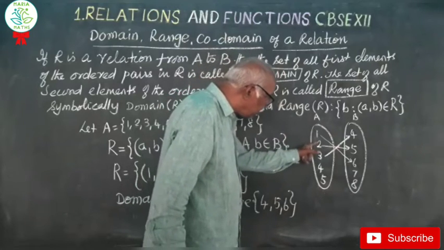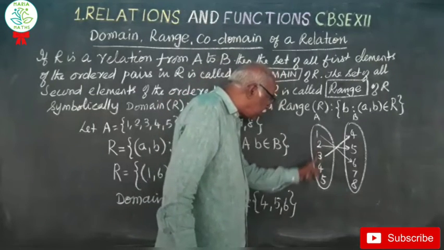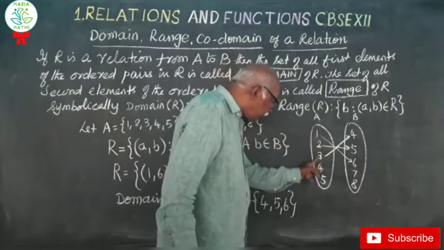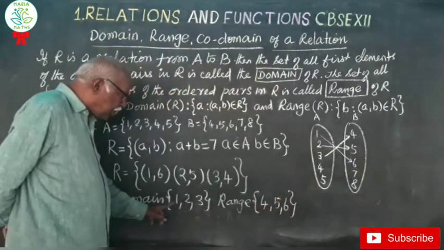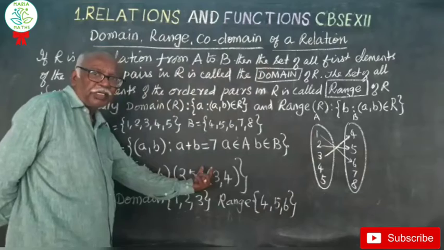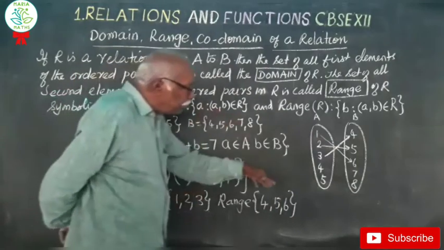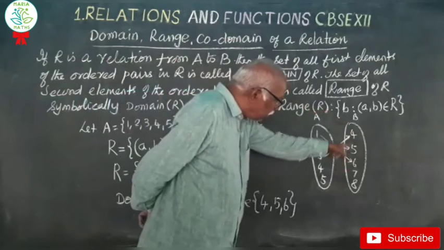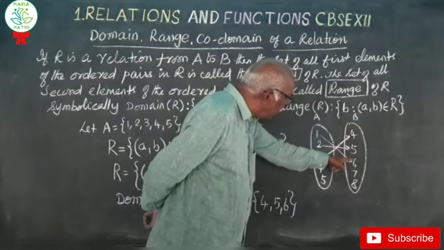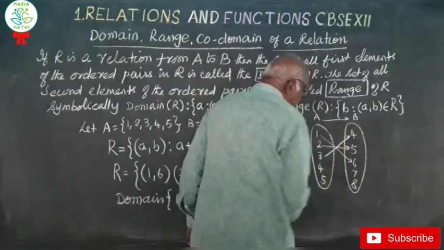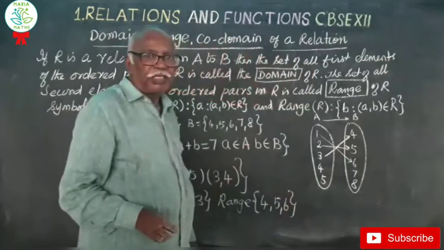Here, all the elements which are related are called the domain set. Therefore, all 1, 2, 3. So the domain set is all the first elements in the ordered pairs. All the mapped elements in the B set, this is a relation from A to B. Now, what is the codomain set?